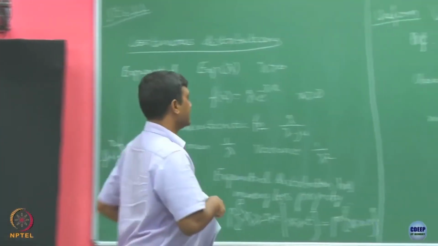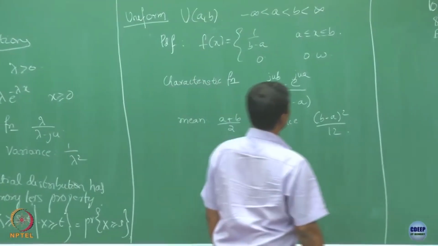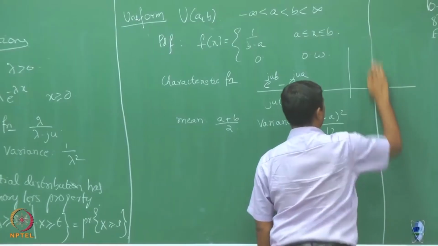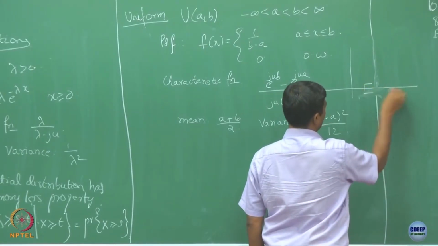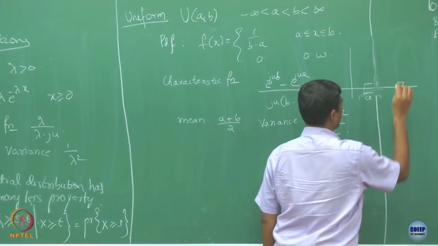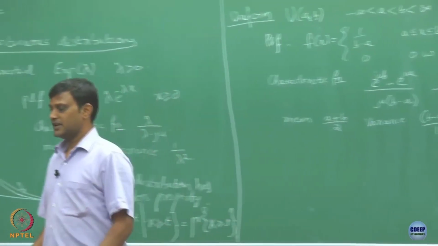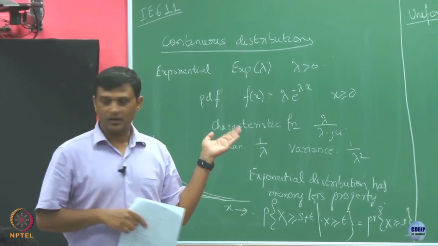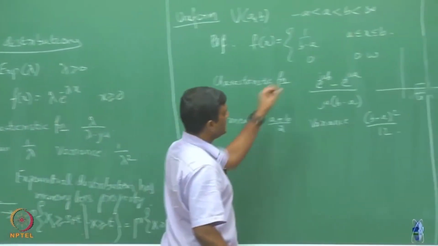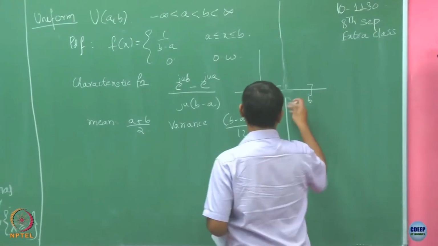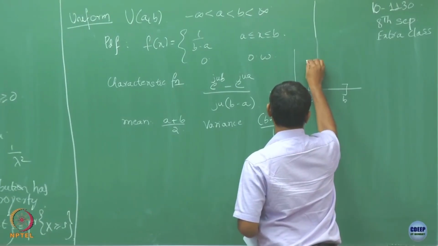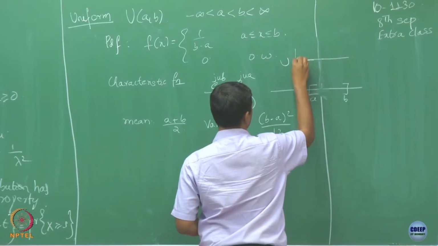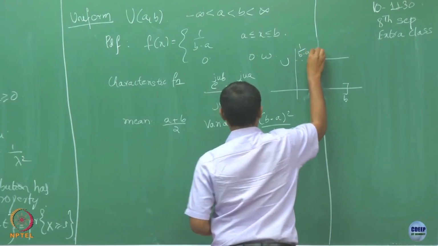So what it is saying is, suppose I am interested in some interval a and b, and I want to say that anything in this interval is equally possible. That means for all x in this range, all of them are going to take the same value, and this quantity here is 1 upon b minus a.